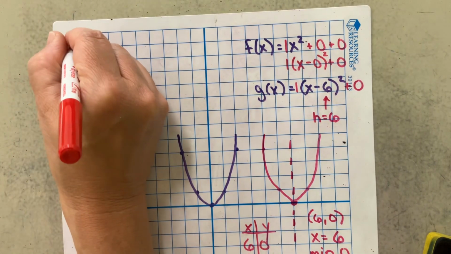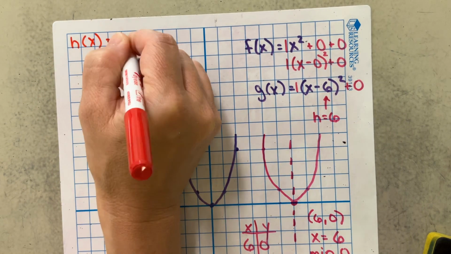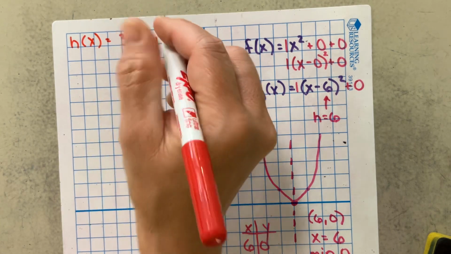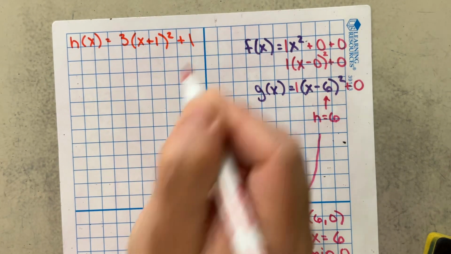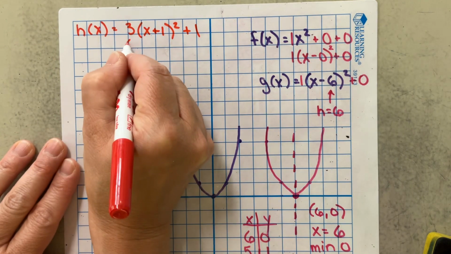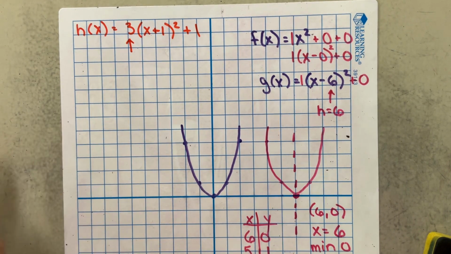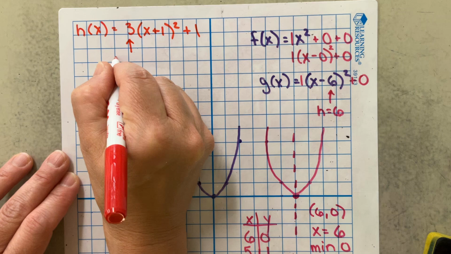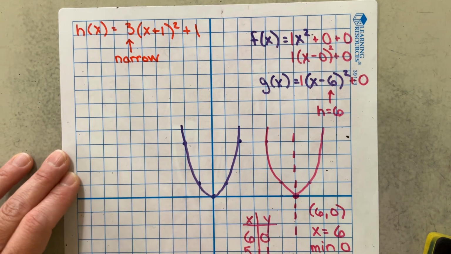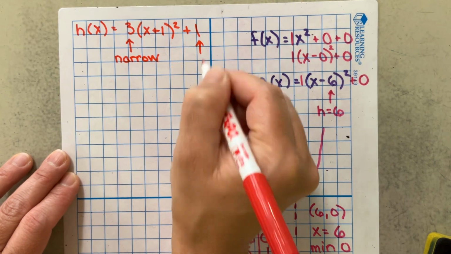So we're going to do h of x equals 3 times the quantity (x plus 1) squared plus 1. This is our a value. That a, from what we looked at previously, we know is going to make it more narrow. This is our k value.